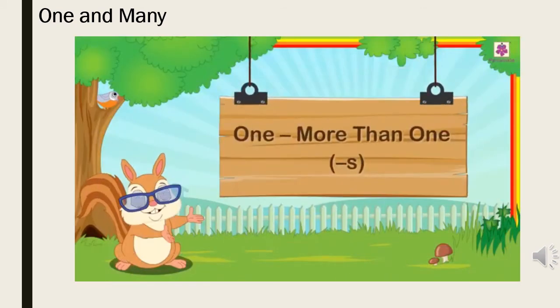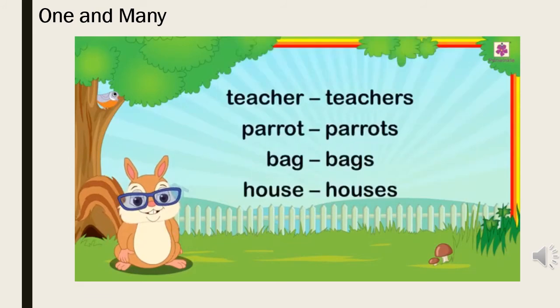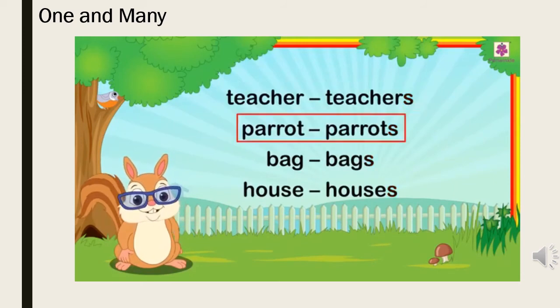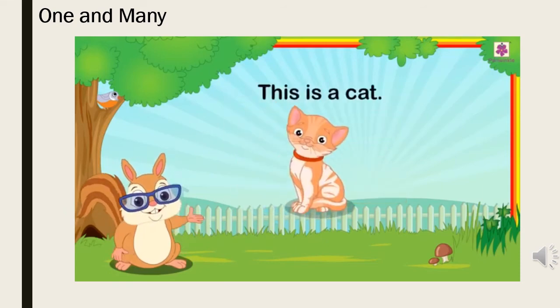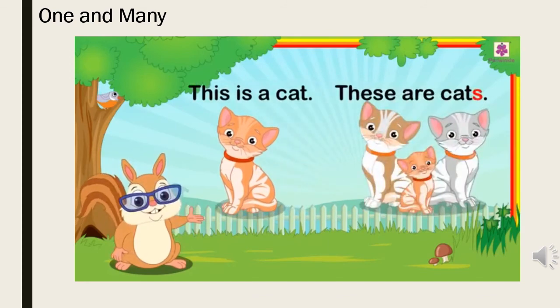One, more than one, by addition of s. Many nouns add s to show that there is more than one person, animal, thing or place. This is a cat. These are cats.